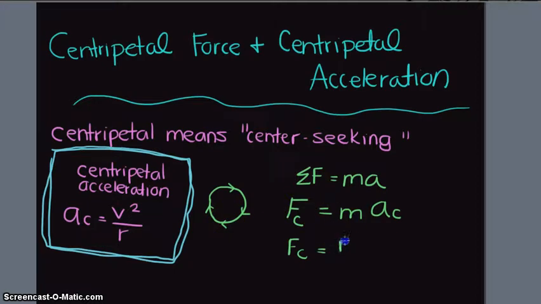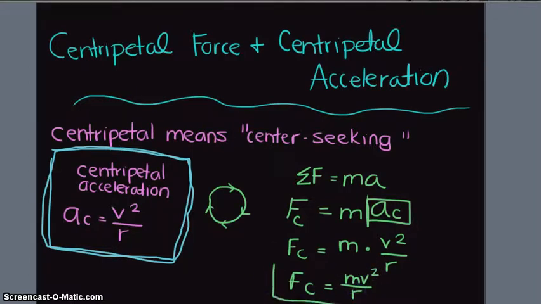So now I have m times, and all I'm going to do is substitute in for the centripetal acceleration, v squared divided by r. And so we come out with centripetal force is equal to mv squared over r. Now we have this second math model that we can use for centripetal force.